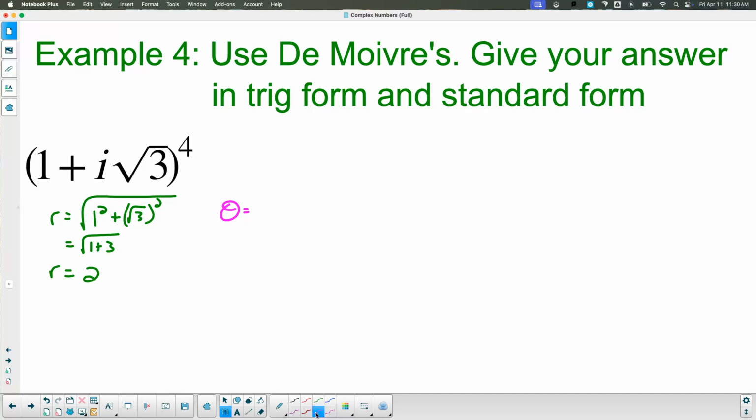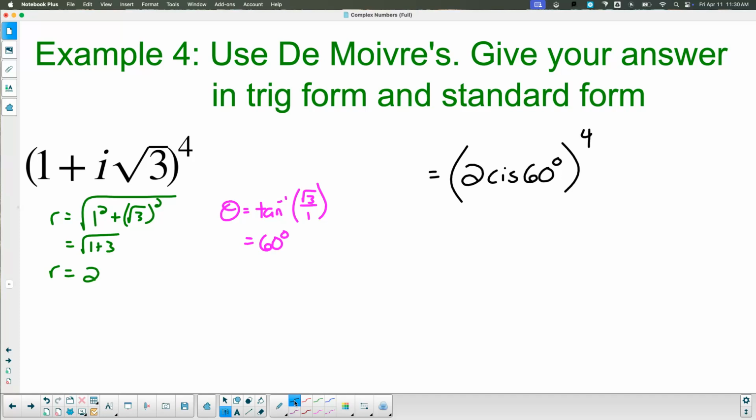Can go right to R theta because it's in quadrant number 1. So this is going to be the inverse tangent of the square root of 3 over 1. That is 60 degrees. So this becomes here 2 CIS of 60 degrees, all taken to the 4th power.